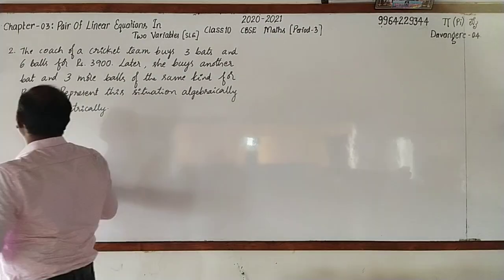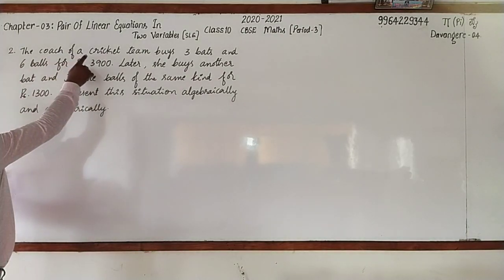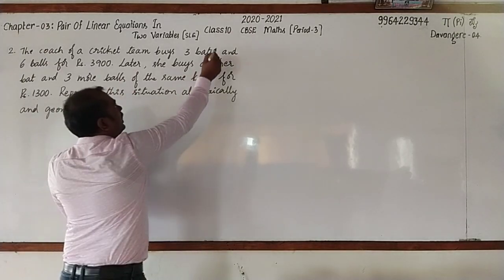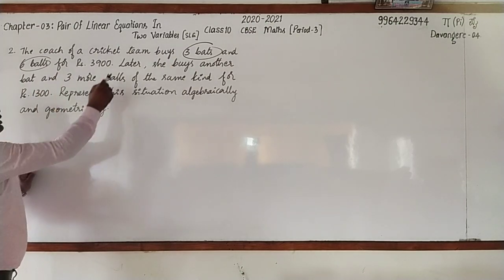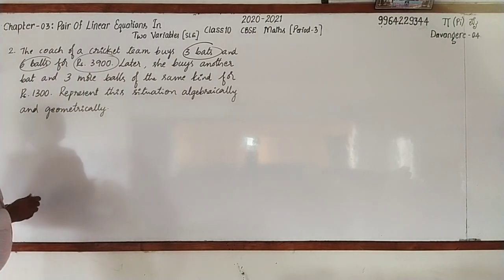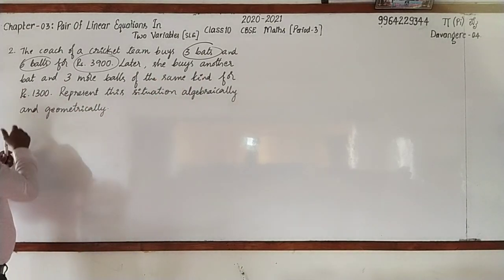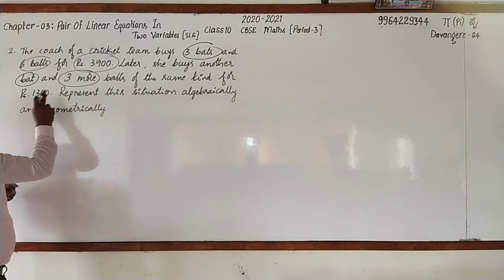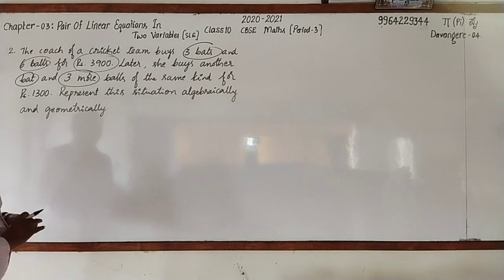Here is the second question. Go through this. The coach of a cricket team buys 3 bats and 6 balls for rupees 3,900. Later, that coach buys another bat and 3 more balls of the same kind for rupees 1,300.